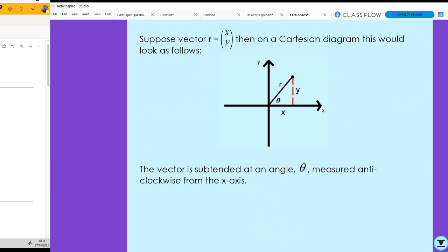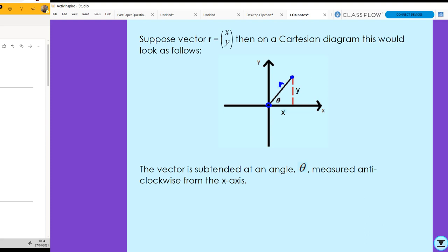Suppose we have this vector r, and it's got an x component and a y component. If we plot it on a Cartesian diagram, that's your xy diagram, the graph, the axis, it would look like this. You would go from the origin, along for x, up for y, plot our point, and it's called r according to what I've written.